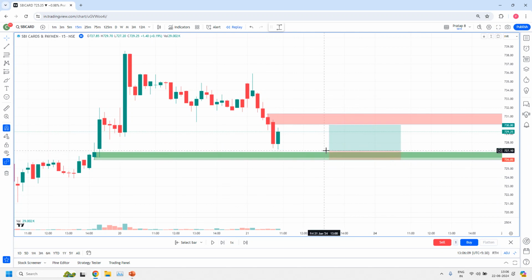Now price entered within this entry buffer area, close to this entry buffer. Let us assume we got a trade here because we added some entry buffer. Let me draw a horizontal line.